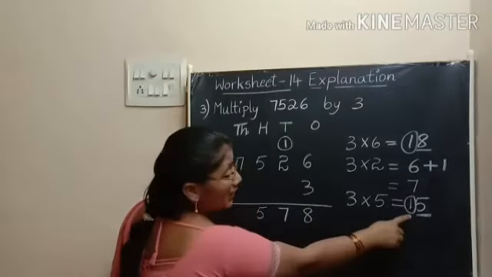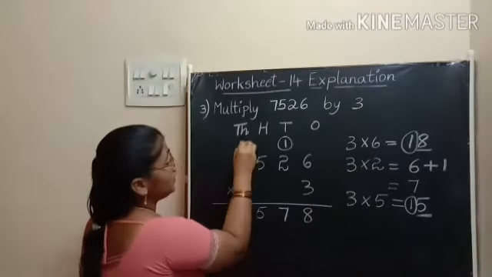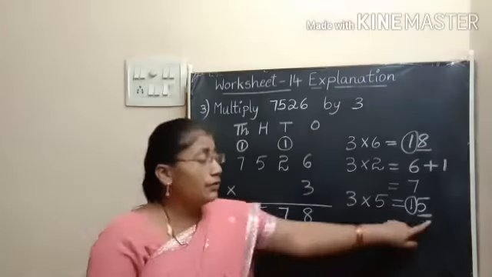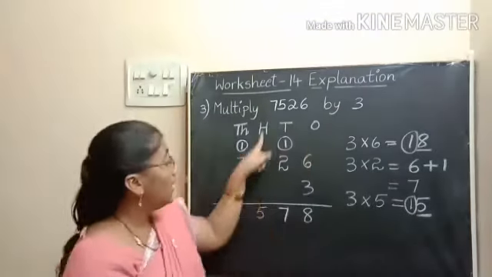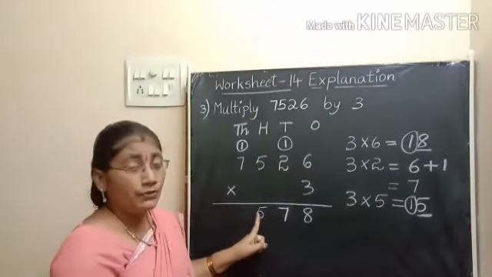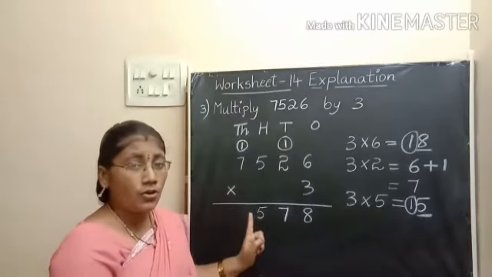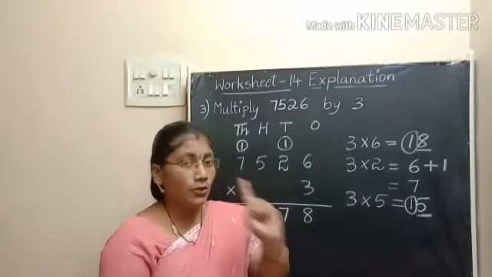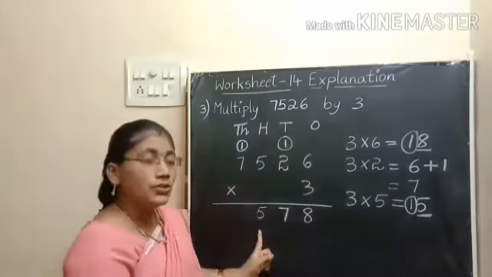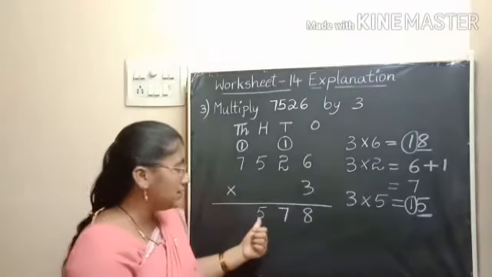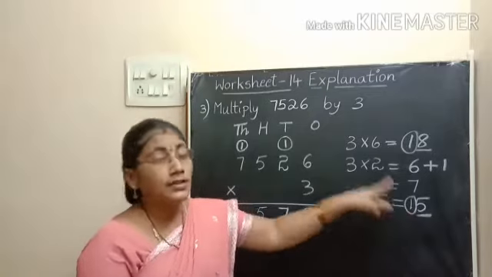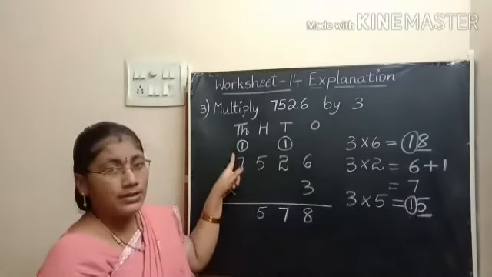So we should write 1 in the thousands place as carry, because 15 is the result of the hundreds column. 15 has 2 digits, but we need only 1 digit as result. So we should write the right side digit as an answer and 1 as carry to the next place.